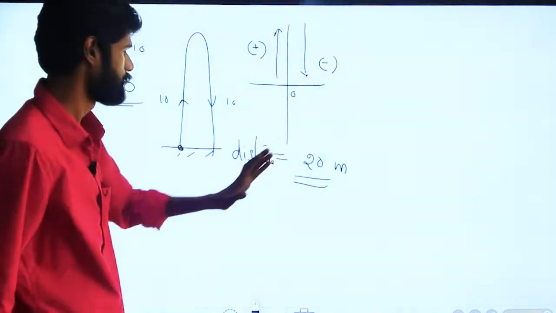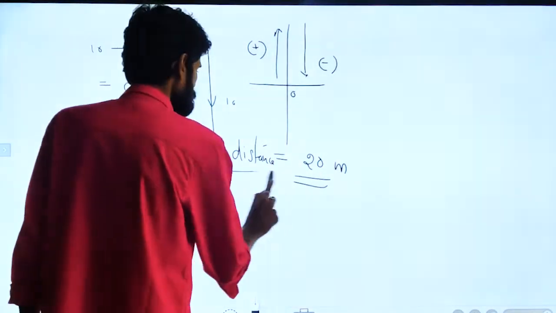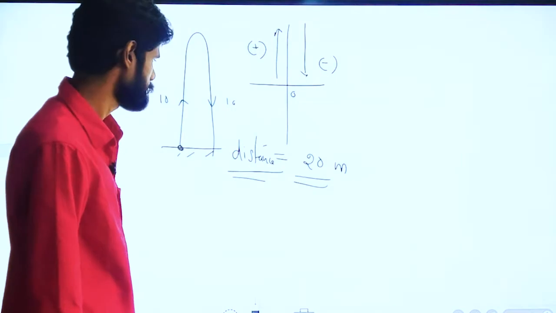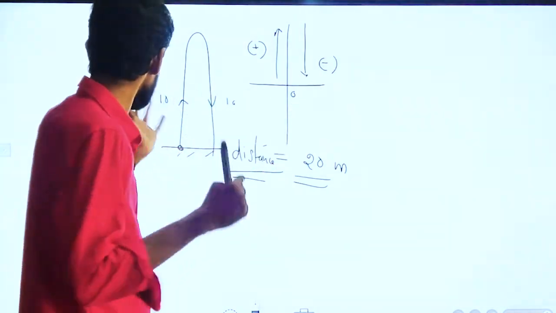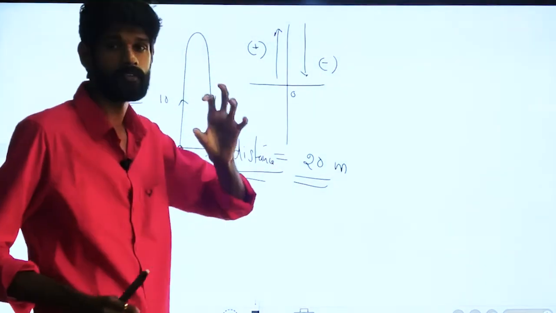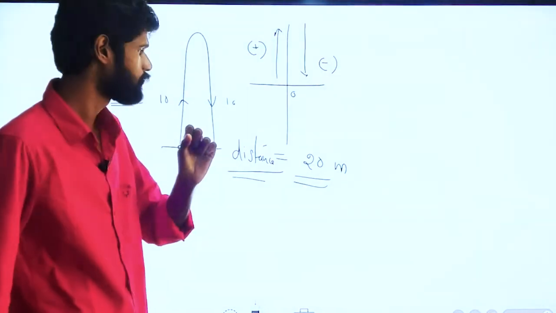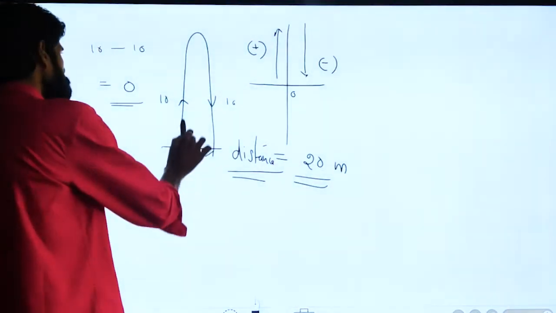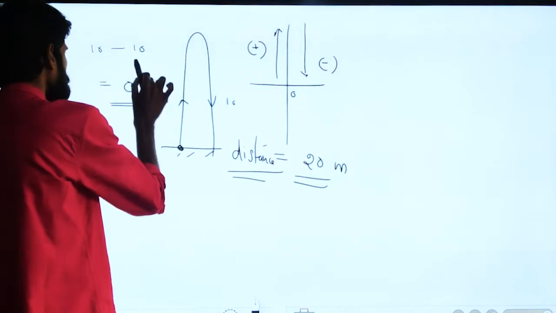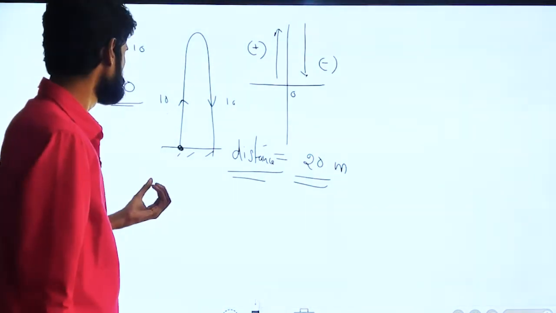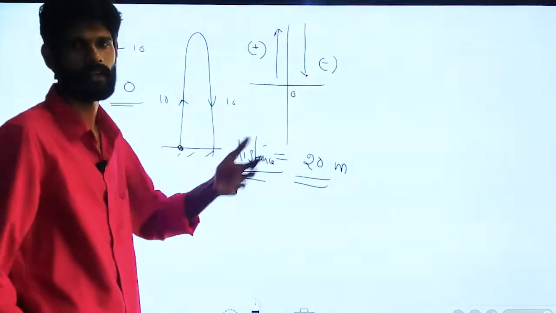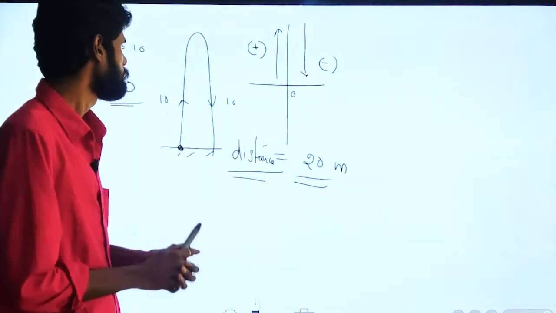Distance is equal to 20. Distance is a scalar quantity, it obeys ordinary algebra, just add 10 plus 10, 20. But displacement is a vector quantity, it obeys a special type of mathematics known as vector algebra. That is why the net displacement here is 10 minus 10 equal to 0. While considering displacement, we use vector mathematics.